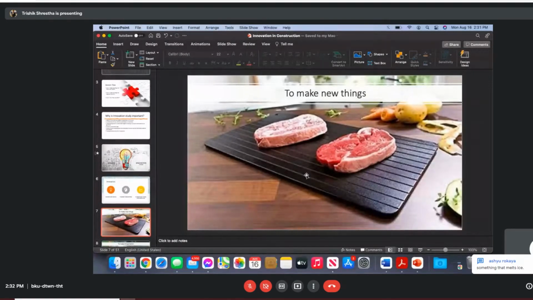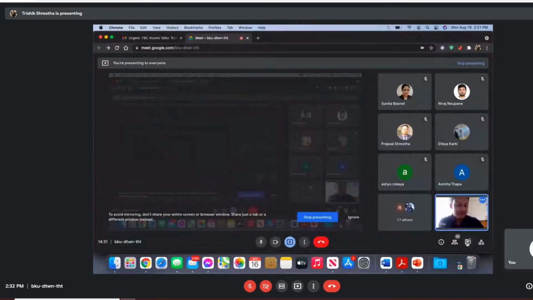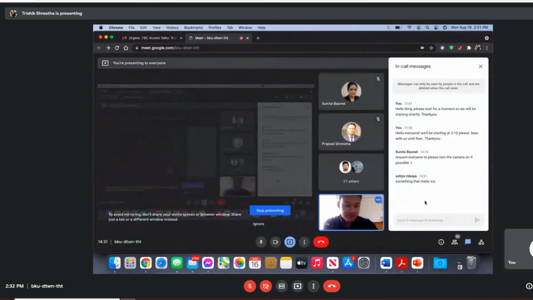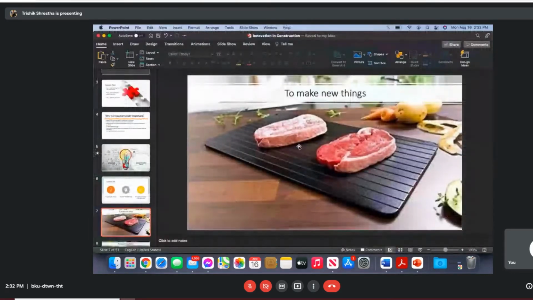What do you think this black thing is here, in between the table and the slab of meat? I was not expecting the right answer to come so fast. Okay, so Ashu Rokaya seems to have gotten the answer right off the bat. That's pretty impressive.